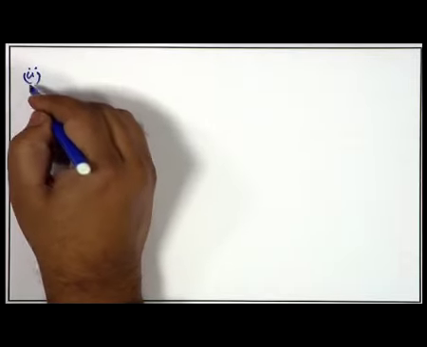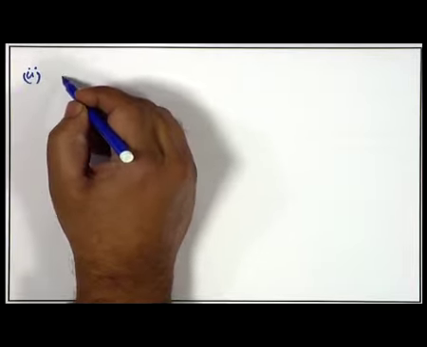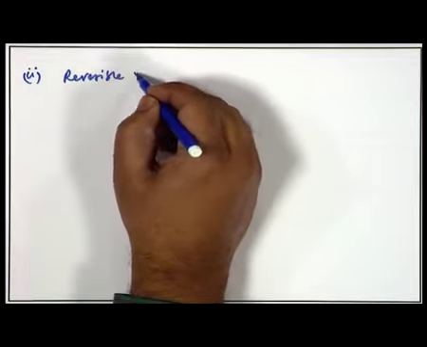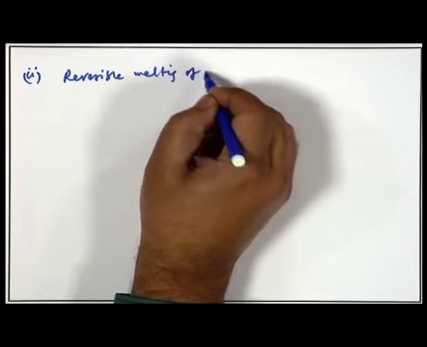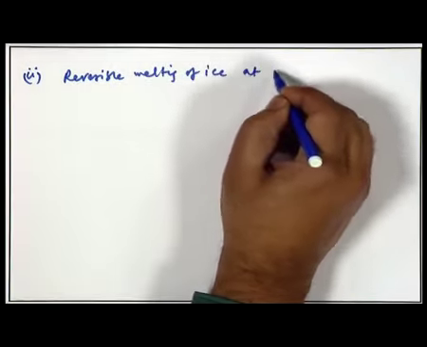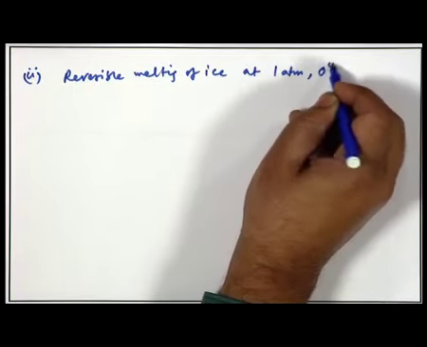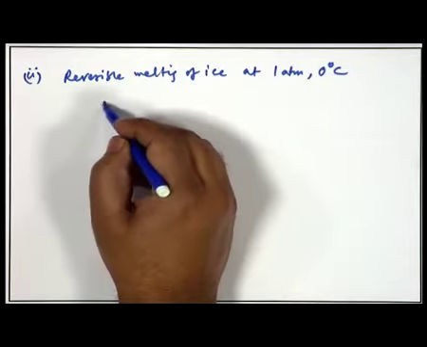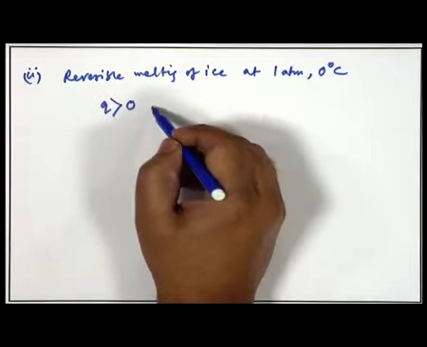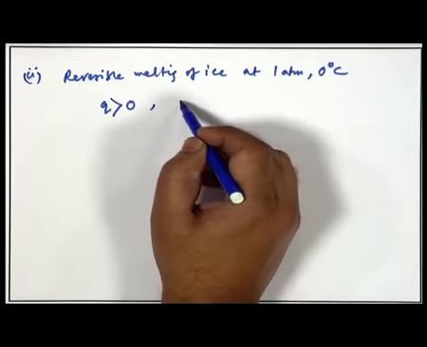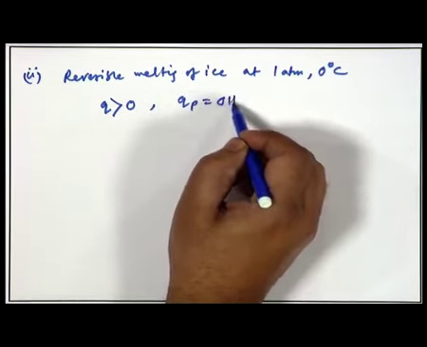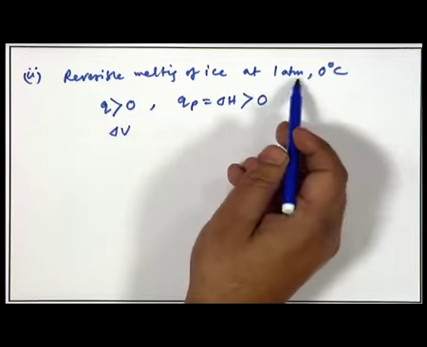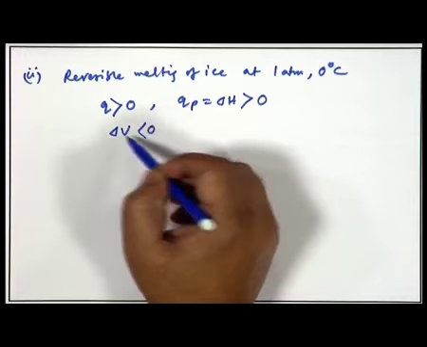In the second example, we will do the same thing, but for ice: reversible melting of ice at 1 atmospheric pressure and 0 degree centigrade. Again, you have to find the sign of q. For melting you have to supply heat, so q is greater than 0 and it is a constant pressure process, so qp is del H greater than 0. Now, on melting at 0 degree centigrade and 1 atmosphere, actually volume drops.